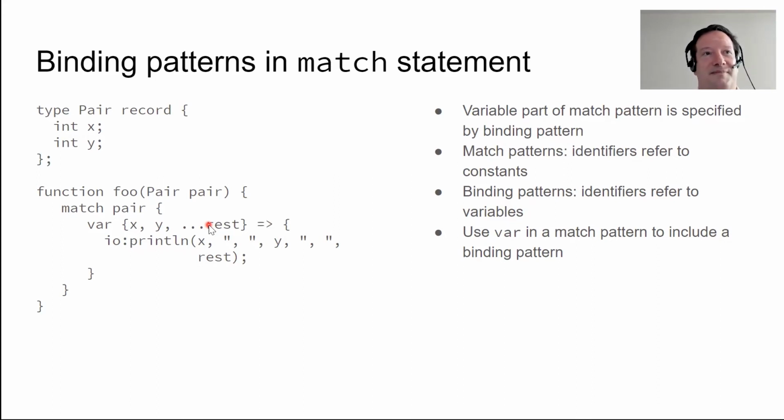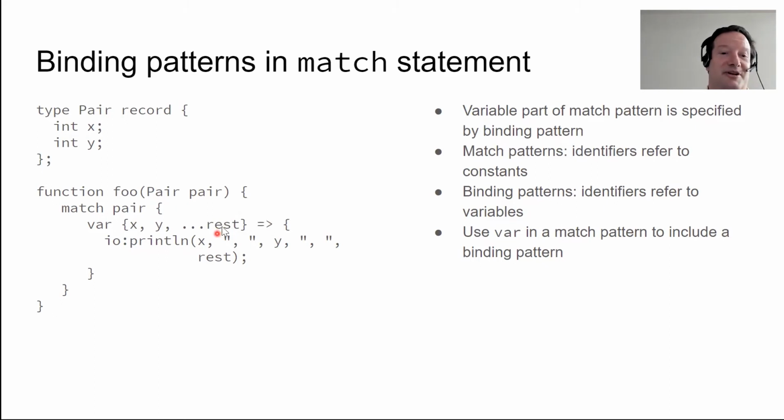It would be a map of any data is a good approximation, because this is an open record. So in general, you can have any other fields you want here. So you can have a map of any data, but that doesn't quite capture it, because it doesn't capture the fact that you can't have an X and you can't have a Y.